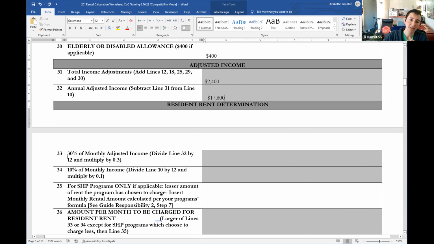And we need to figure out, is 30% of the monthly adjusted income or 10% of the monthly income going to be bigger, right? Which is the one we're going to be using. Do we have monthly income yet? Yep, if we divide annual by 12.